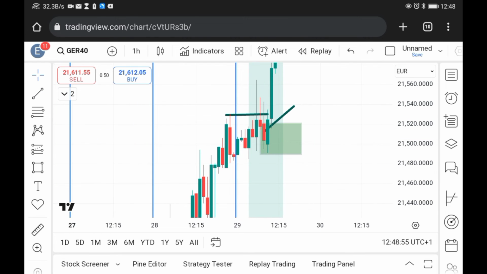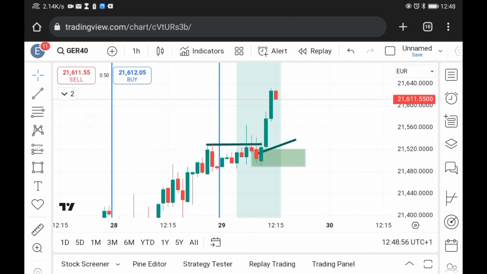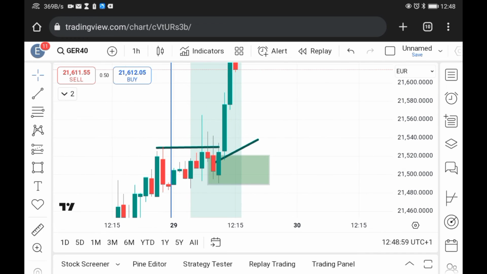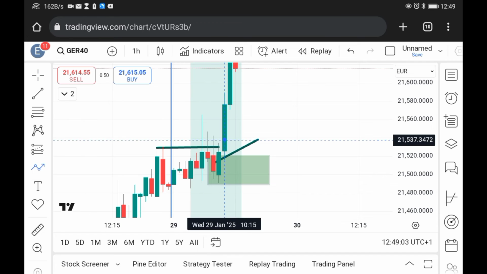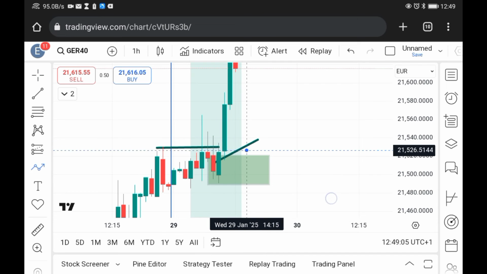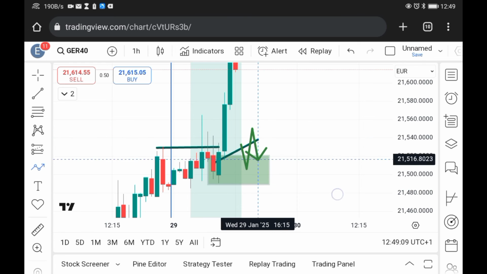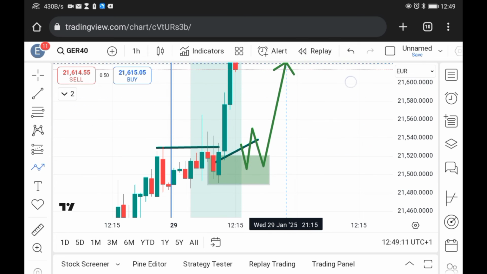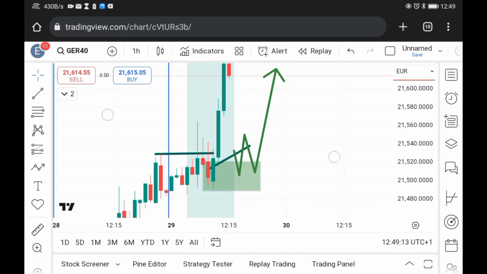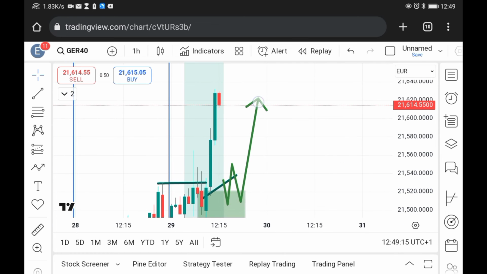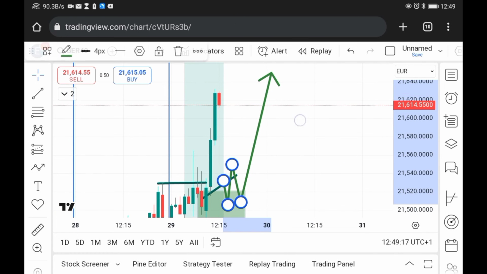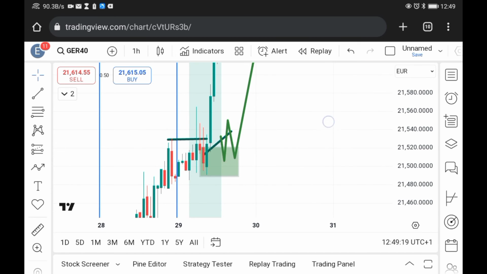So you are waiting for the market again to come inside this candle and give you a shift in market structure. It has to give you something like this, like I explained before. It has to come and do something like this, because you are still buying until the daily structure has broken structure to the downside, and that is when you are going to change your approach in this market.